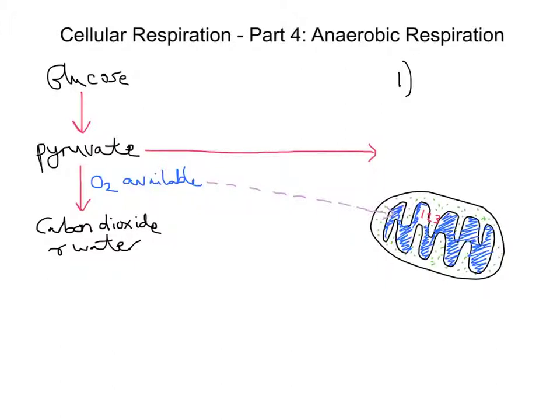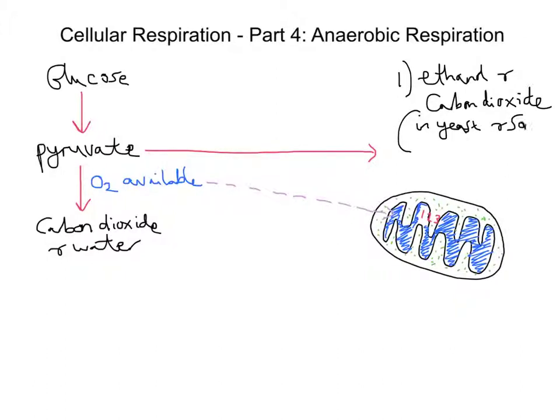It can either, number 1, go to produce ethanol and carbon dioxide. Now I will make a note, because it's quite important to know that that takes place in yeast and in some bacteria. So I'll put that in yeast and in some bacteria. Or that pyruvate could get turned into lactate.